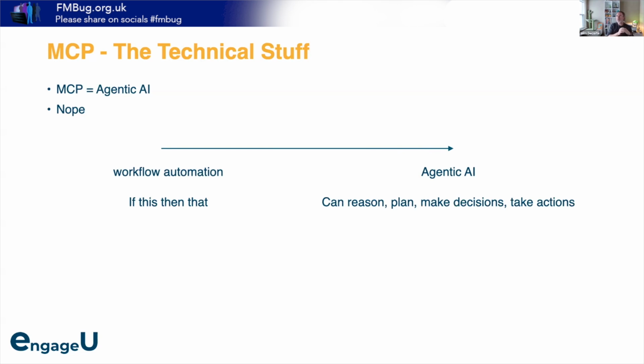Agentic AI is where you have different agents that can each reason, plan, make decisions, interact with each other, and take actions, right? Whereas a workflow automation is really more like a flow chart, right? Where you start at the beginning, there may be some decision points along the way, but it basically follows a straightforward flow. Agentic AI can be all over the place, but it's working towards a particular goal fairly independently.